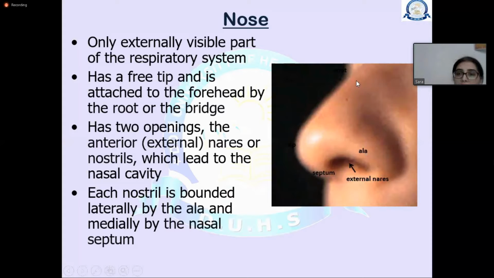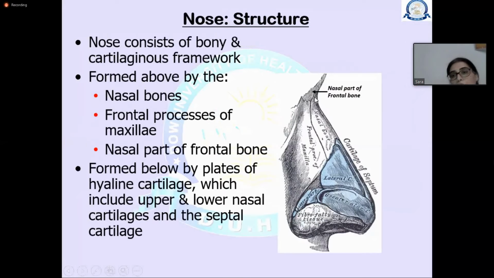So this structure, which is the external part of the nose, has bony elements and has cartilaginous elements. So the superior 1/3 of the nose can be called the bony part of the nose, whereas the inferior 2/3 are the cartilaginous elements. So it's an osteocartilaginous type of structure that we see onto the external surface or onto the face.